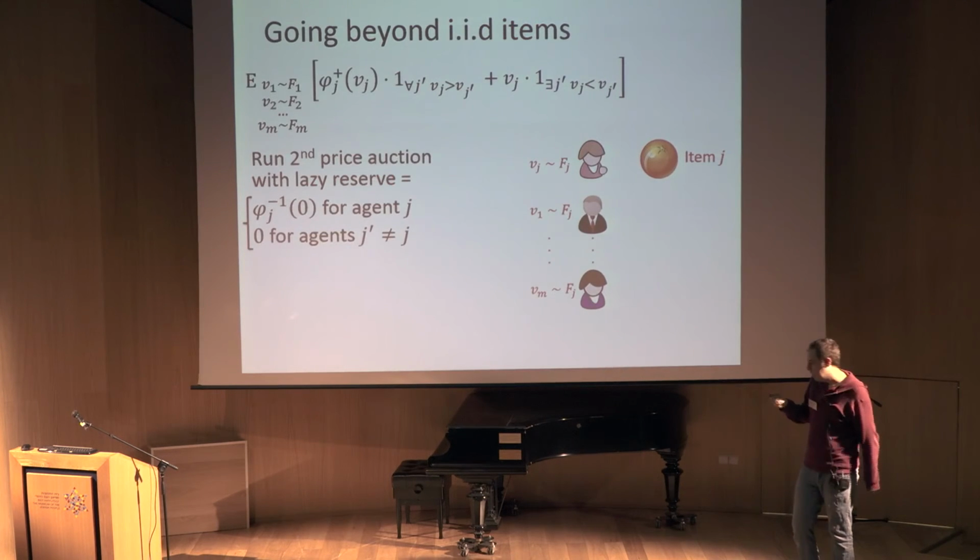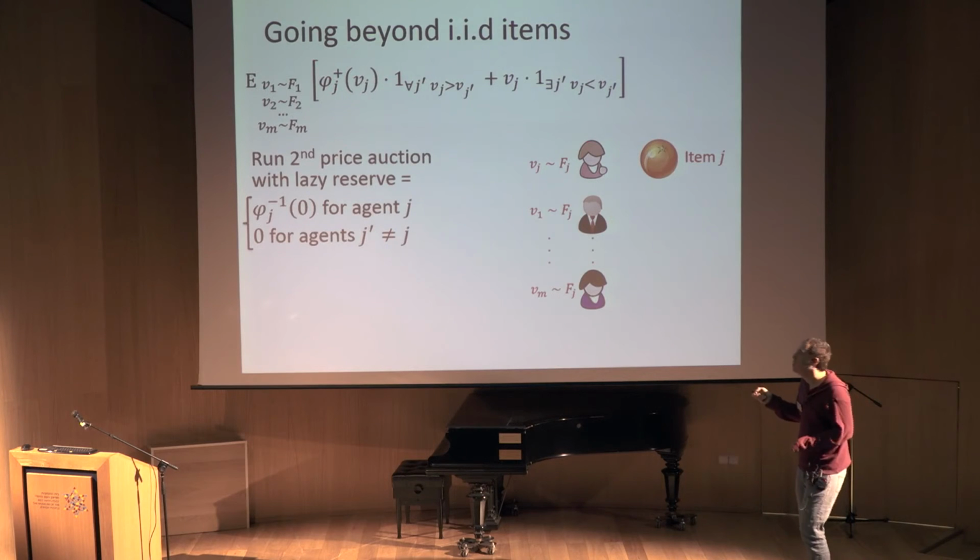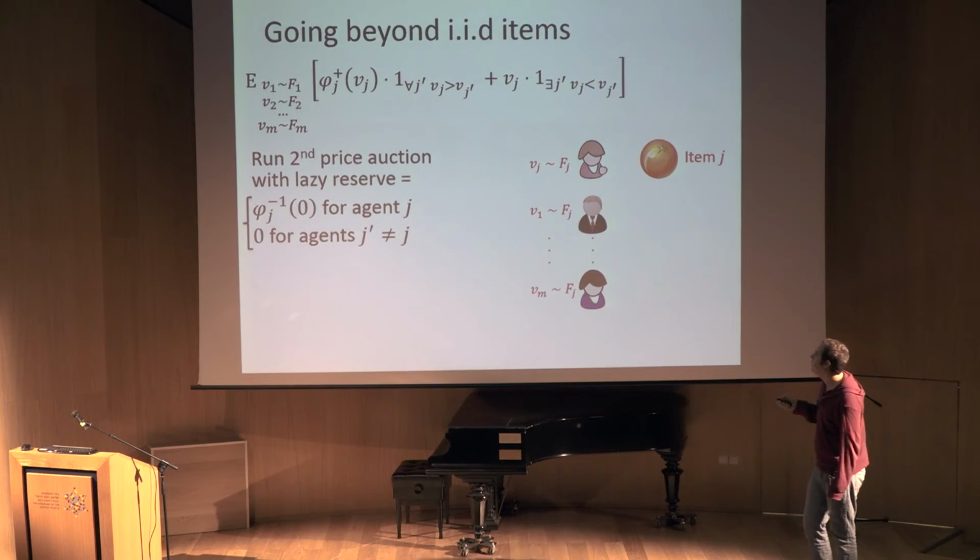So how do we go beyond IID items? If the items are drawn from different distributions, then the benchmark is a bit different. We have here the virtual value of item J, which depends on the distribution of item J, and the priors are different for all items.